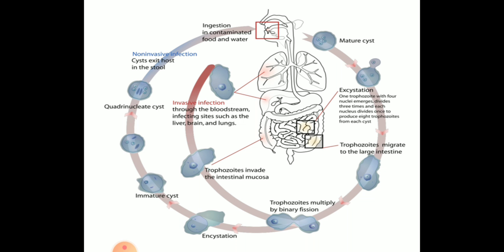In this invasive infection, they enter the bloodstream and also destroy the liver cells and the lung cells. So the formation of bile or our respiration is also altered. At one stage encystment takes place. They are thrown out, with cyst formation and quadranucleate formation, and again they enter by contaminated water or food.